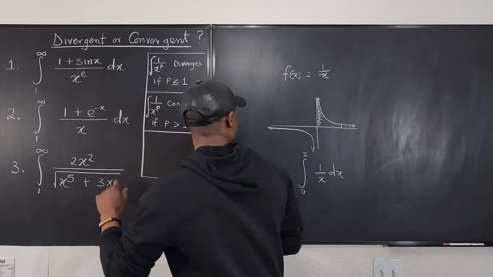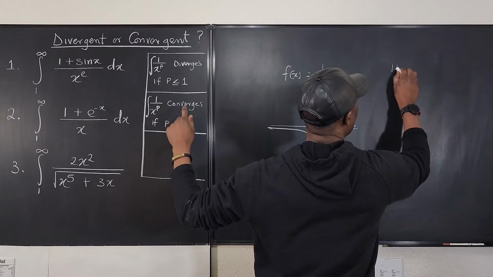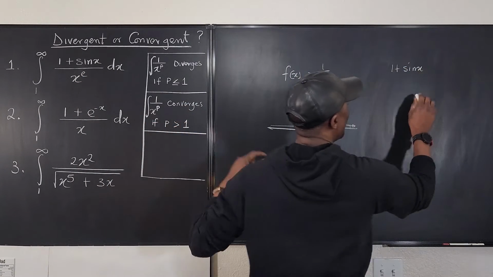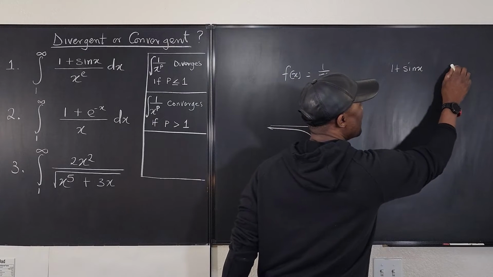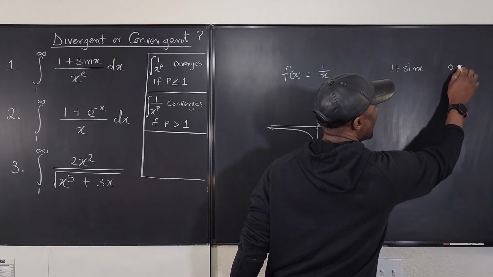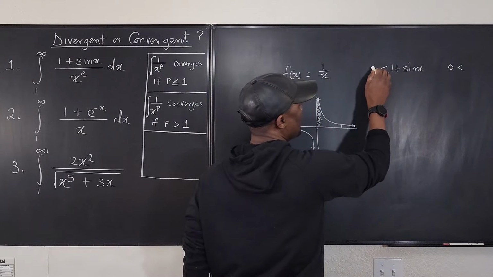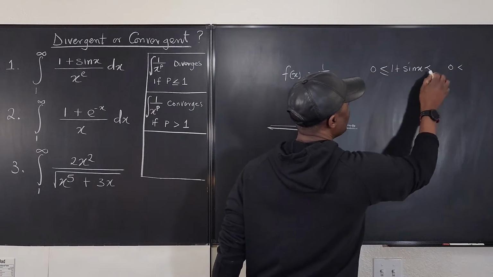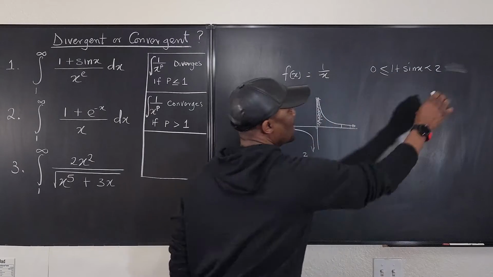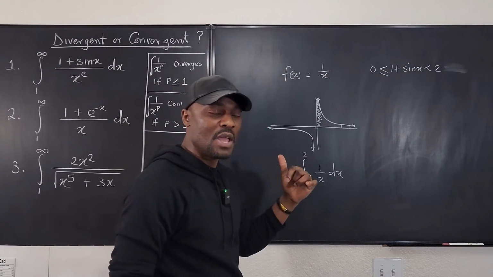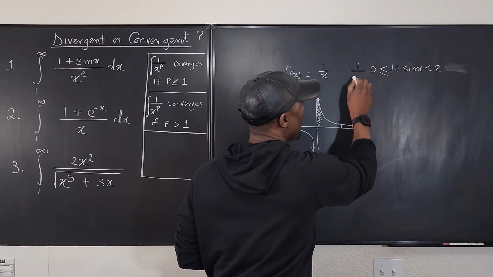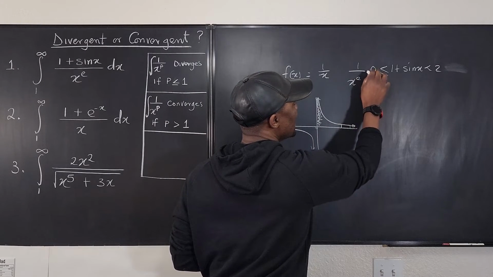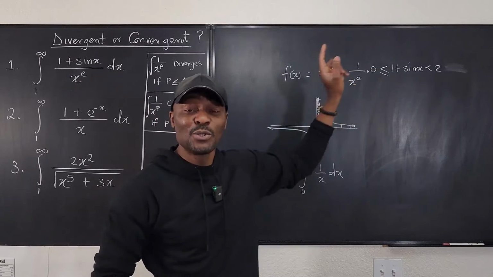So it is as if we have combined 1 plus sine x, which has a finite value that is always between 0 and 2. This is the finite value you get for the top. But when you multiply it by 1 over x to the e, this can go to infinity.